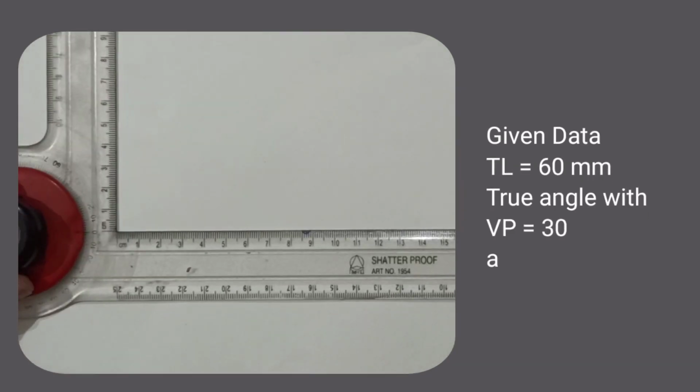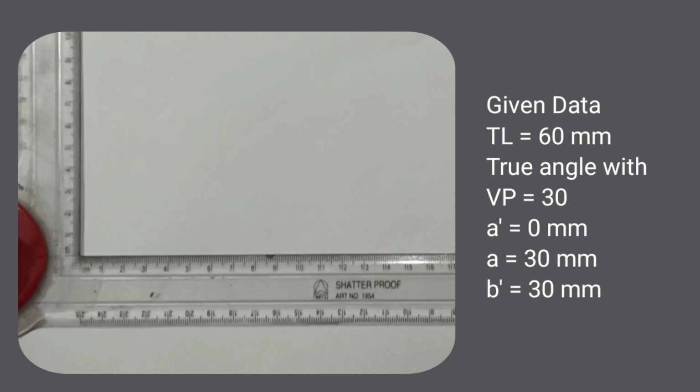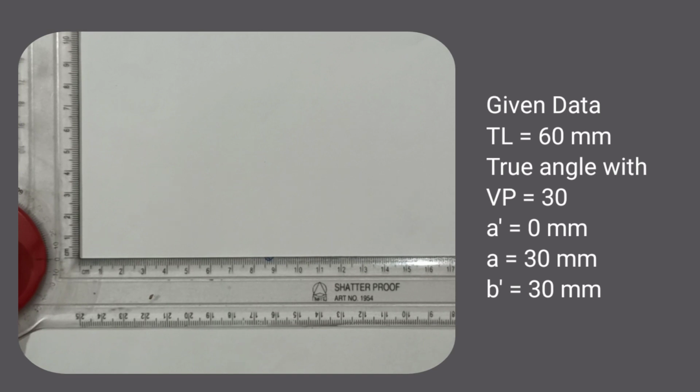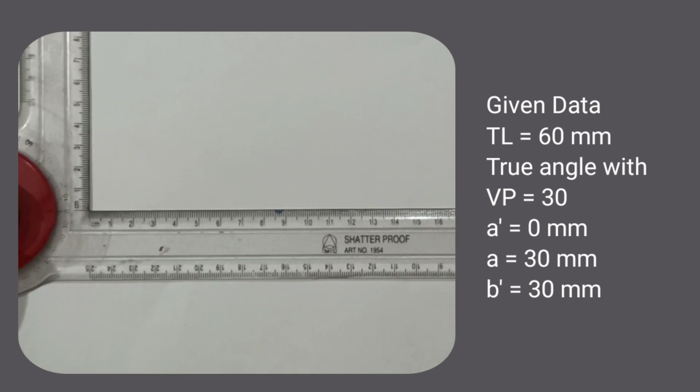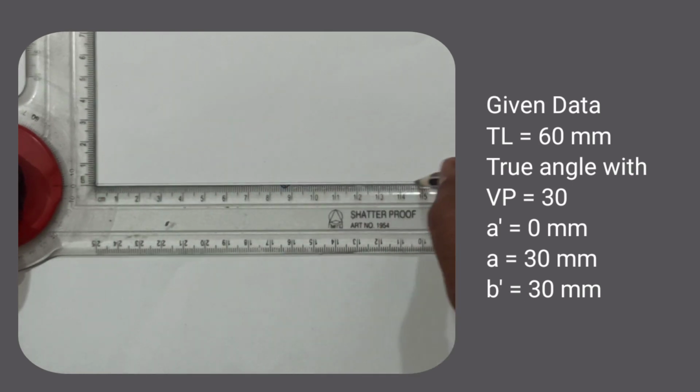Now trace out the given data. True length is 60 mm, true angle with VP, that is phi. A dash, A and B dash is given. With the help of this data, start our drawing.